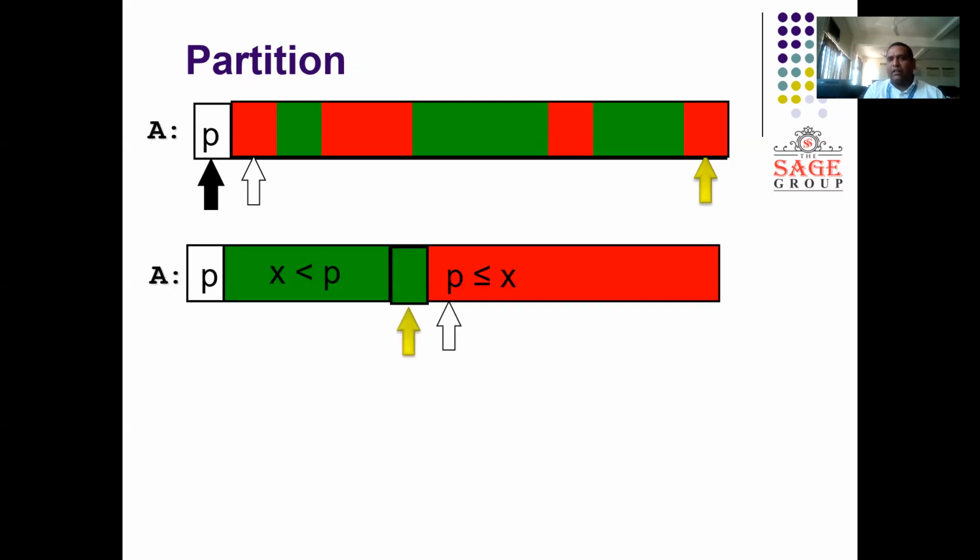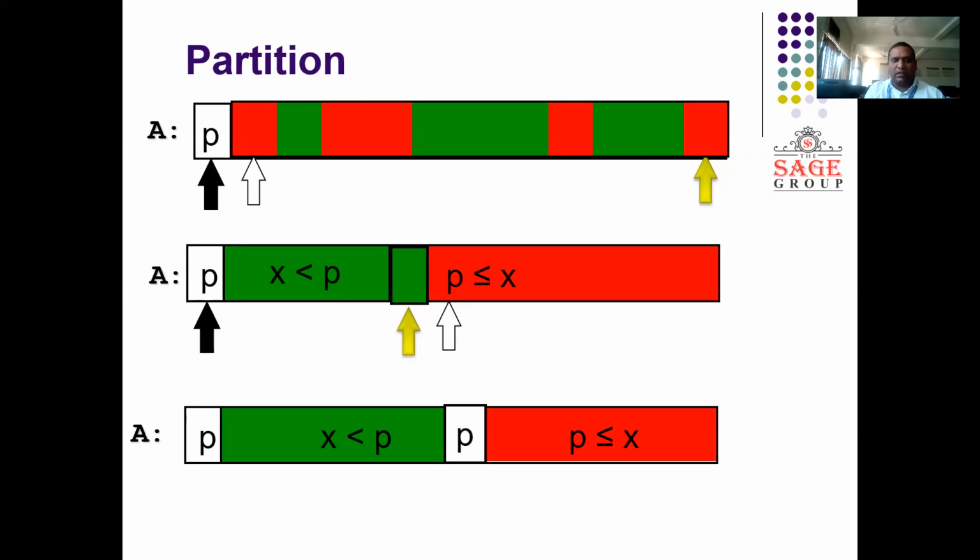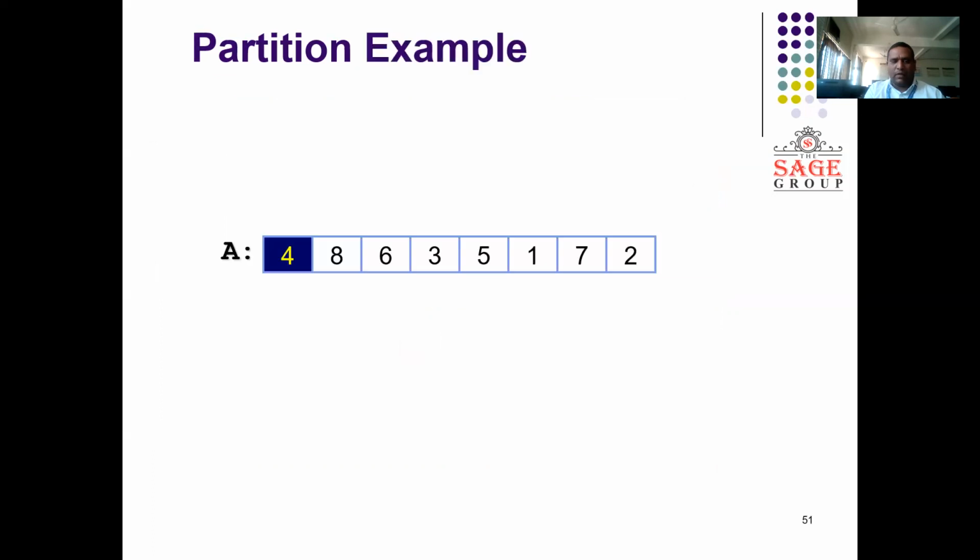The white pointer represents the left pointer and the yellow pointer represents the right pointer. When the left and right pointers cross each other, we swap the first element with the right position element, the pivot element, and our concept is fulfilled.